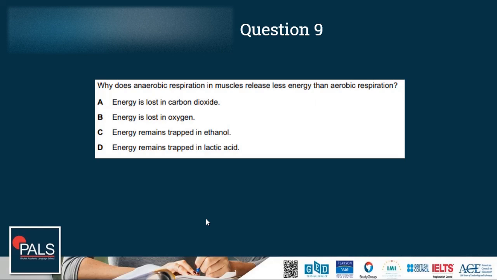Okay, the correct answer is energy remains trapped in lactic acid. Yes, we are again at the muscle, so we have lactic acid fermentation, and as we said earlier, not all the energy is able to be released from the glucose. A lot of energy will remain inside the lactic acid molecules.